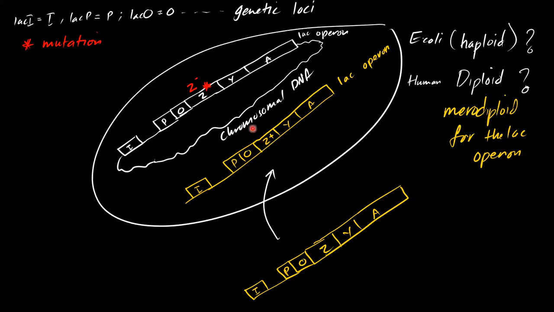We can determine which one is dominant, which one is recessive. The lac Z minus mutant allele is recessive to the lac Z plus. Do you know why? How did I know that the lac Z minus allele is recessive?